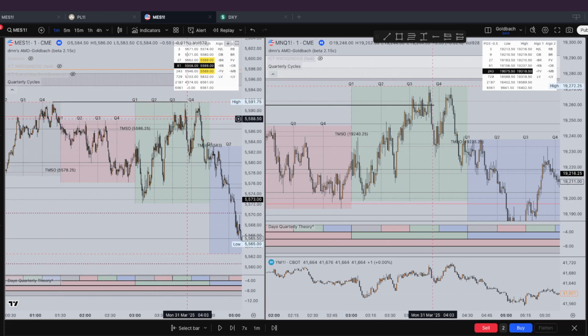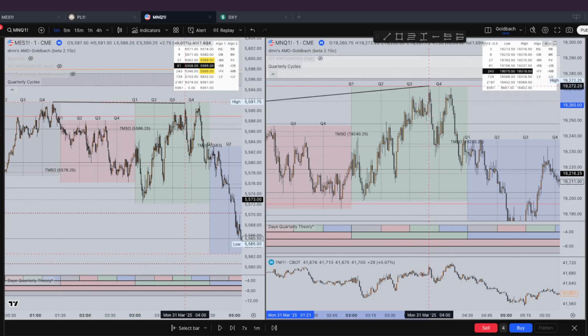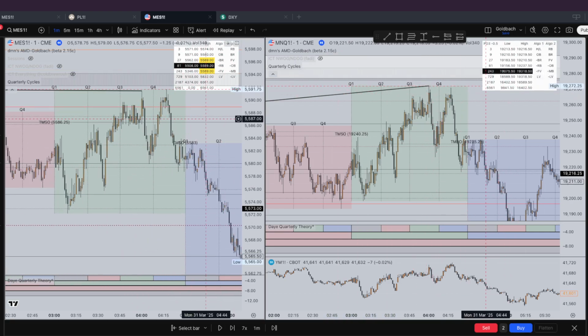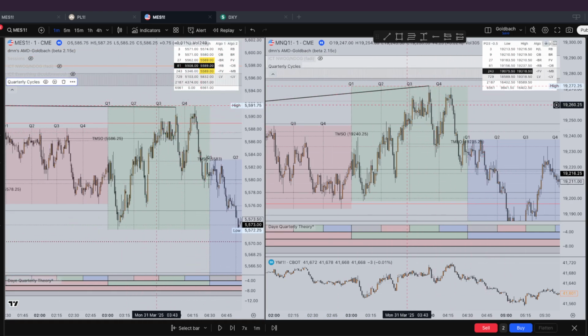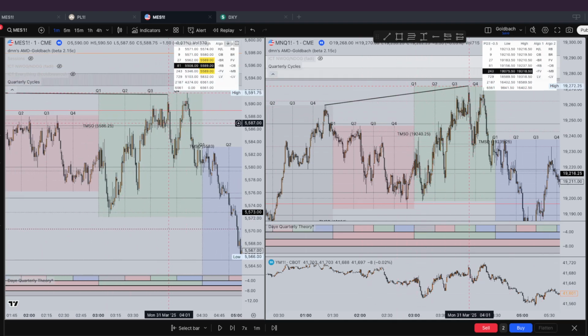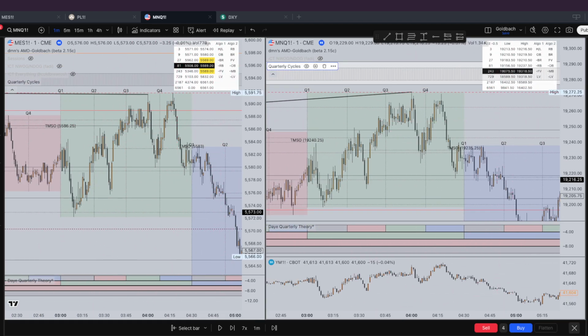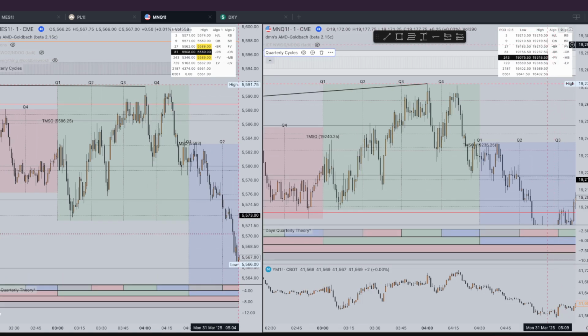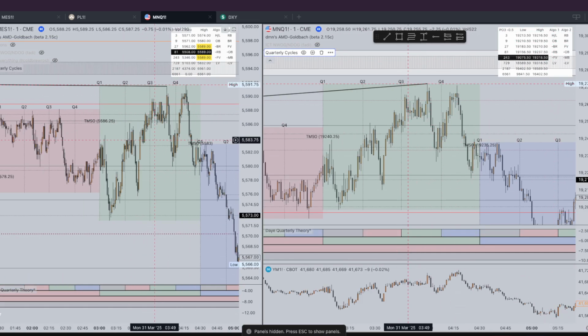Okay, so we have the failure, and here we have taken it. That is SMT, right? So generally, when you have the SMT, the failure asset is the asset to trade.